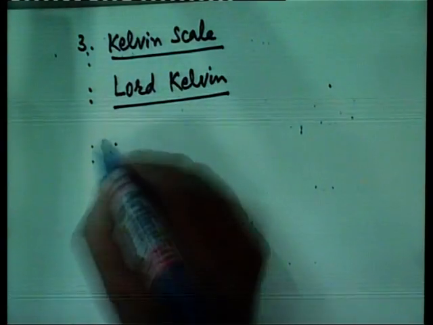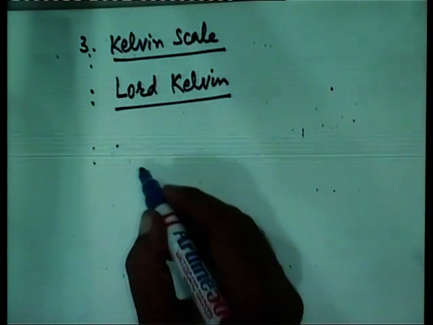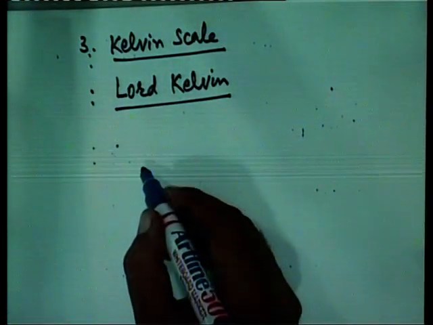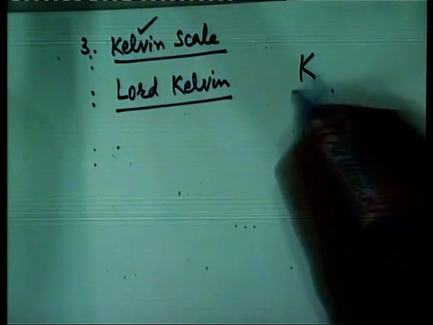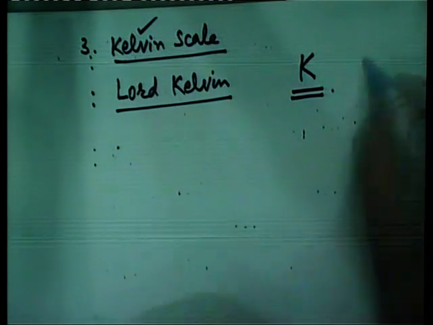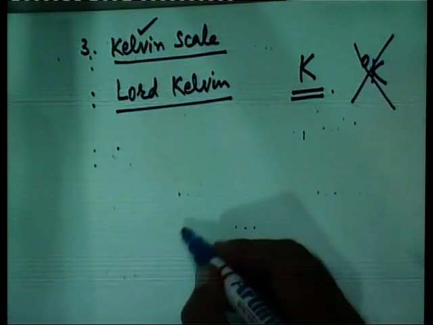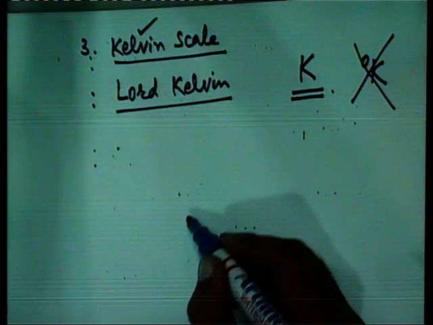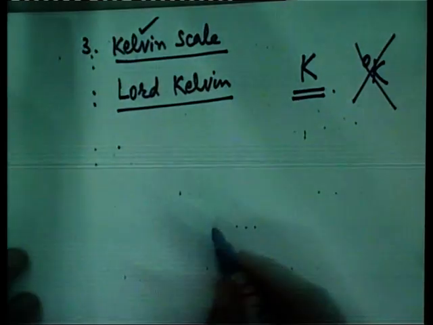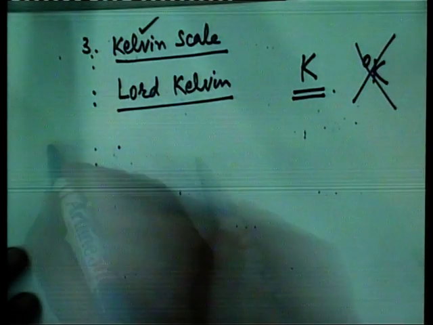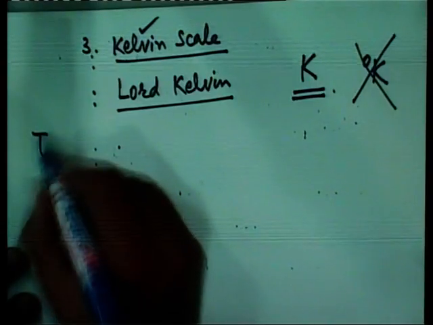In this scale, as we have studied, the temperature is in Kelvin, denoted by K. It is not written as degree K, it is simply K after the name of the scientist Kelvin. Now, it is introduced in terms of the triple point of water.